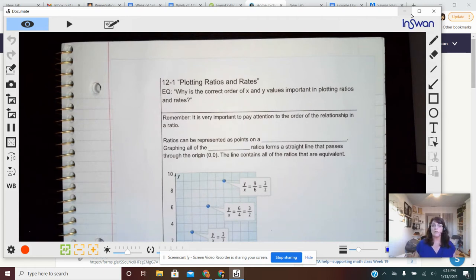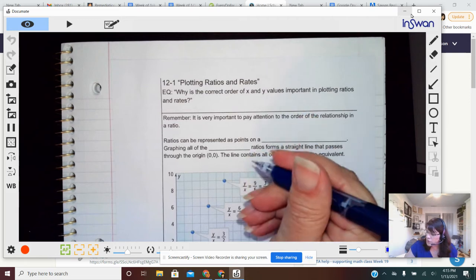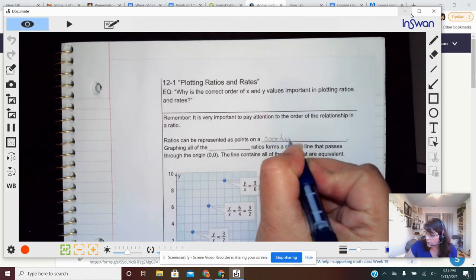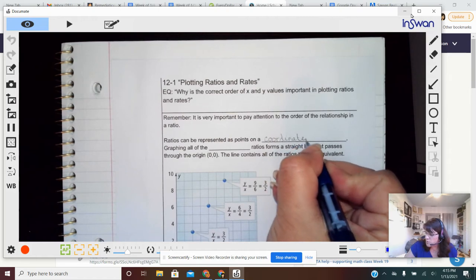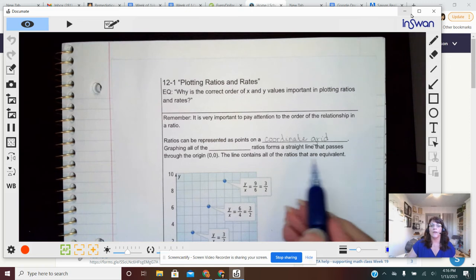Now, ratios can be represented as points on a coordinate grid. So please write this in. Points on a coordinate grid.